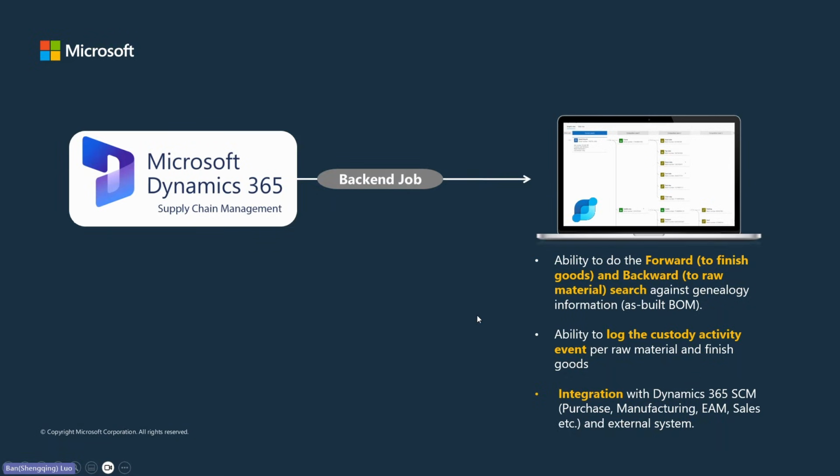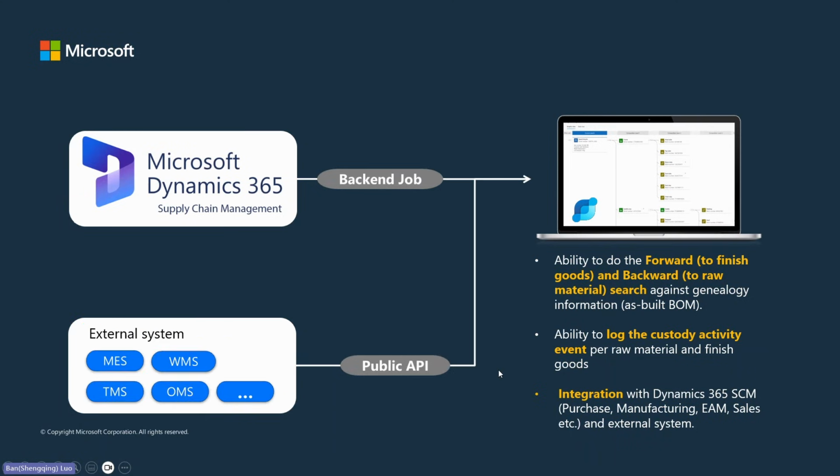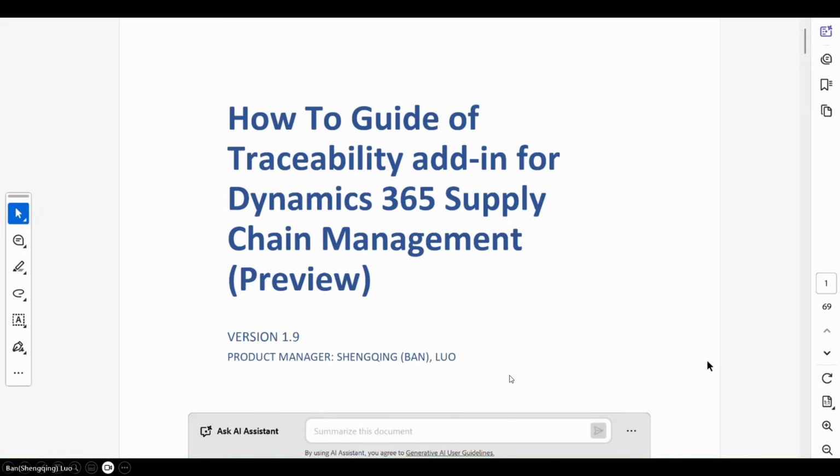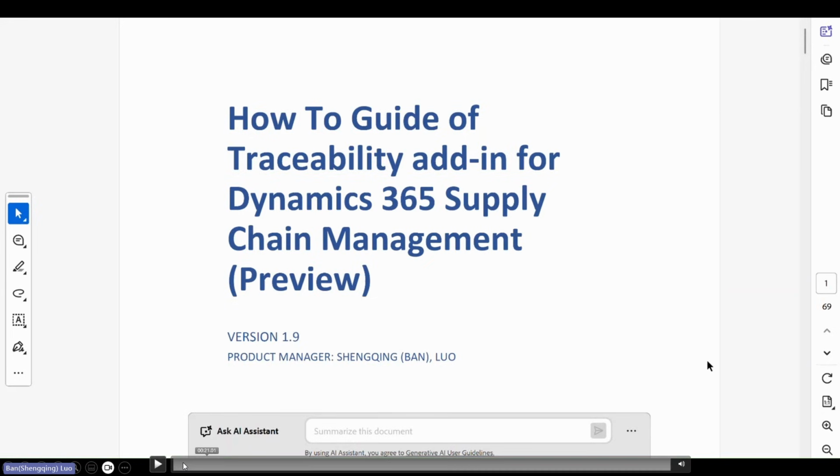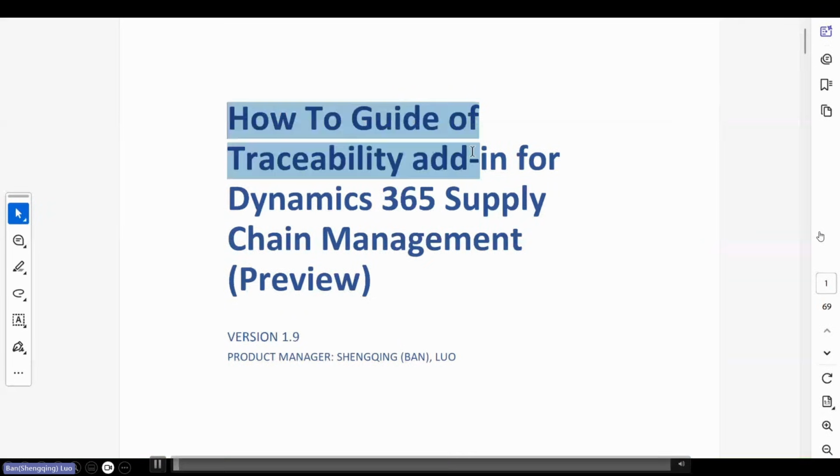Besides this out-of-box integration, we also enable integration by the public API. You can use this to integrate with your external or legacy systems, like your own MES, TMS, or OMS. So how to enable it? Here you can see we have a how-to guide document, because this is still in preview.